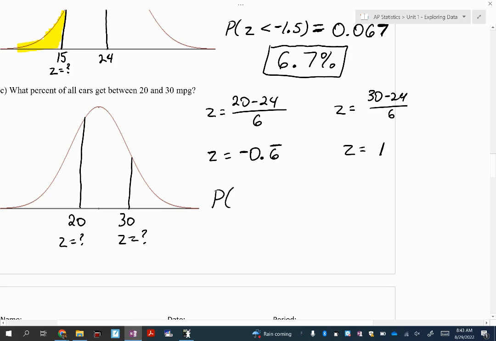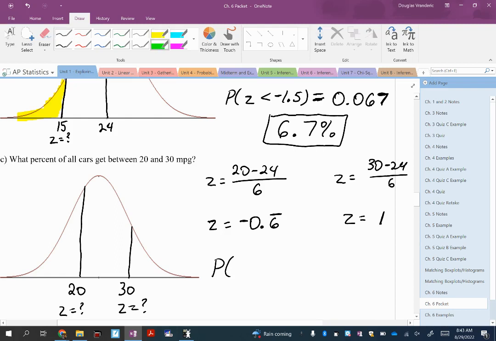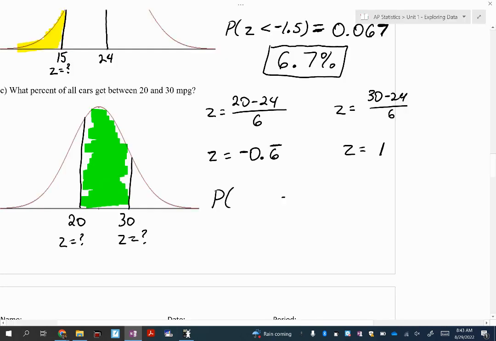So now I'm going to tell the calculator, okay, last question, I said, tell me the area that's less than 15. But now I'm doing the area between 20 and 30. This time my lower bound is going to be my z-score for 20, which was negative 0.6 repeating. And my upper bound was my z-score for 30, which was a positive 1.